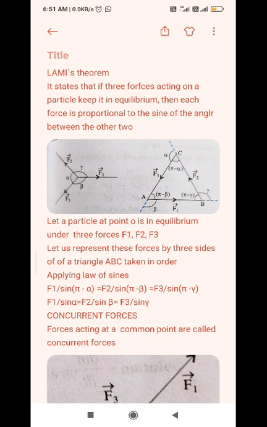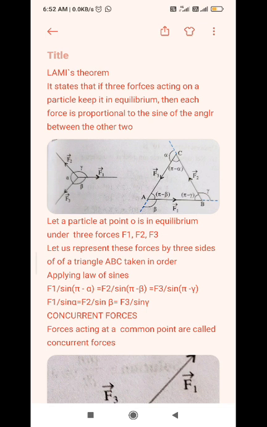Similarly, at point C, the interior angle BCA of triangle ABC is equal to pi minus alpha, and similarly angle A, that is CAB, is equal to pi minus beta.